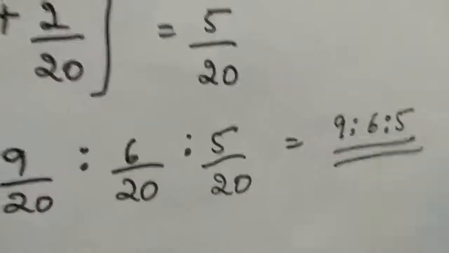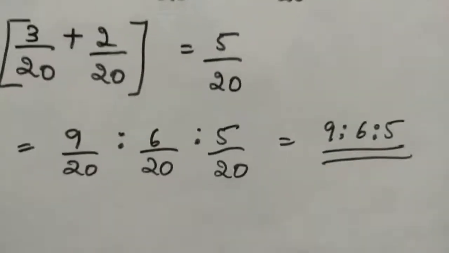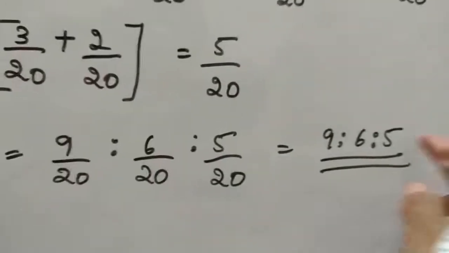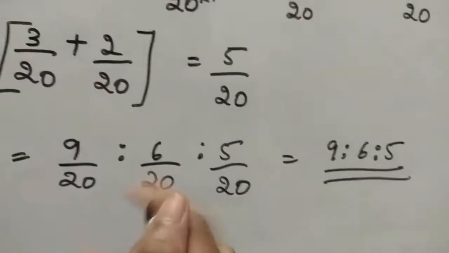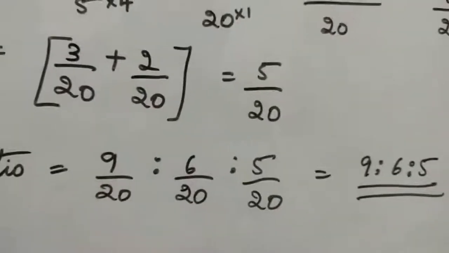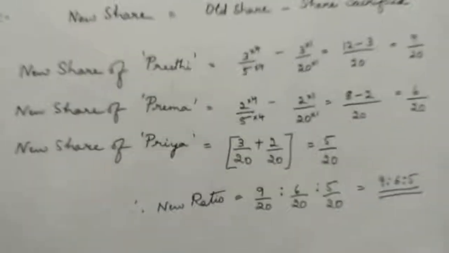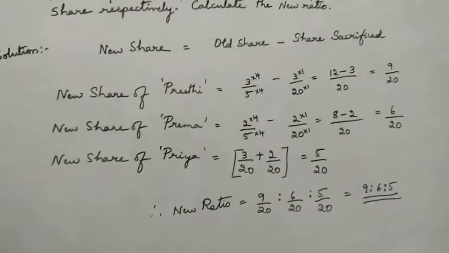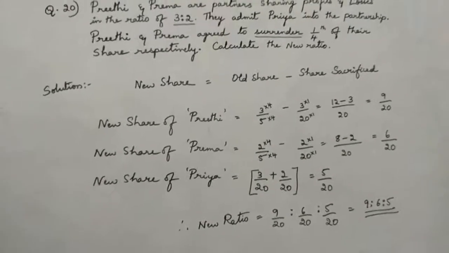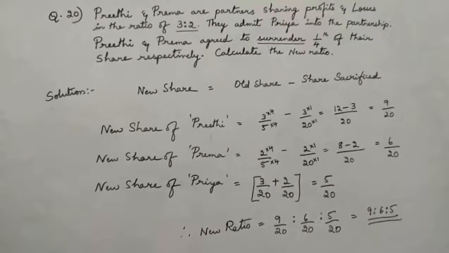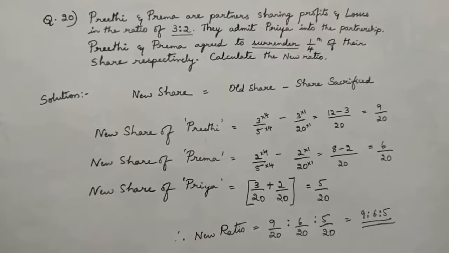Let's just observe the total again. 9 plus 6 gives us 15, plus 5 is 20. That's equal to the denominator. So we have completed this case.